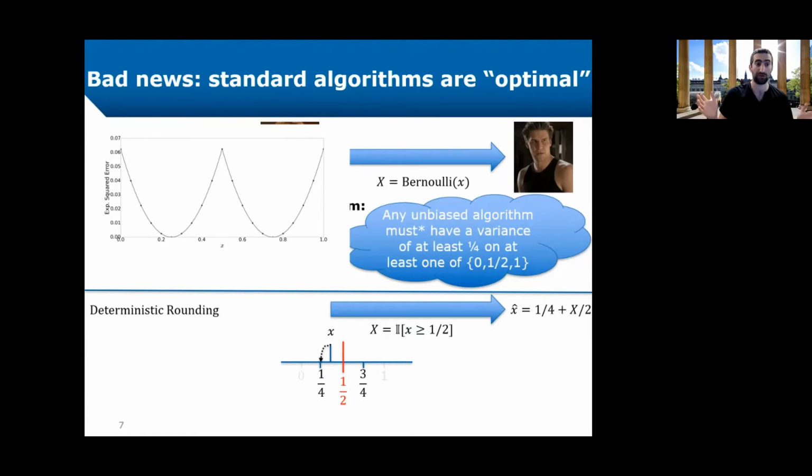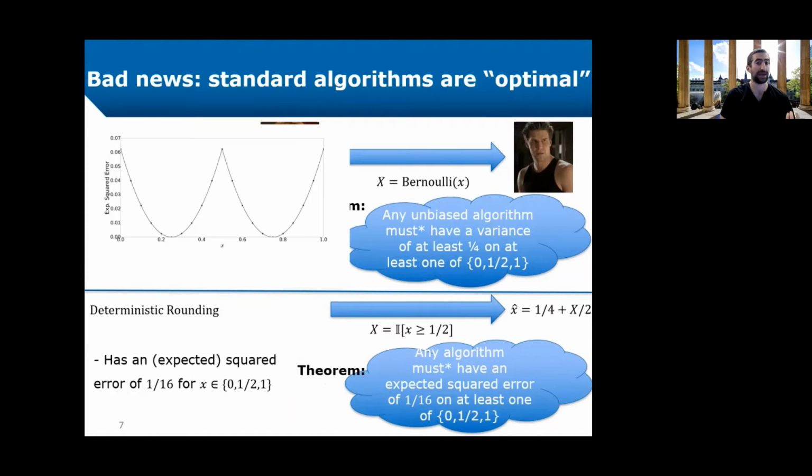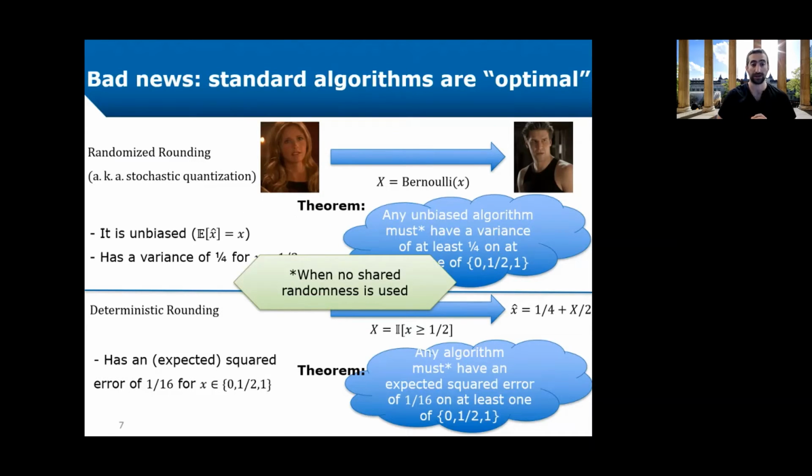We have 0 error for 1/4 and 3/4, but we have squared error of 1/16 when x equals 0, 1/2, or 1. And it turns out that, again, any algorithm must have an expected squared error of 1/16, even if x is restricted to the 3 values. Both of these theorems have an asterisk saying that it's true when there's no shared randomness.